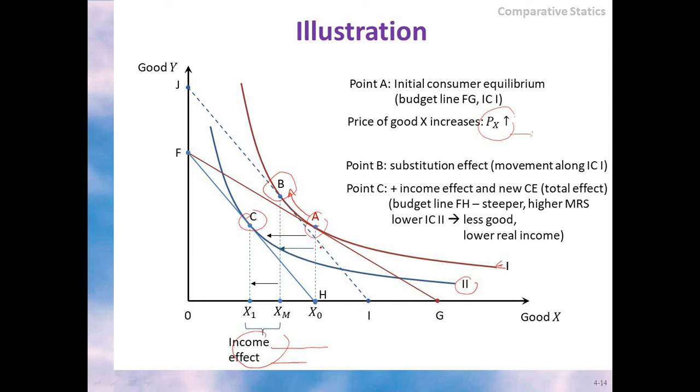In this case, because the price increases, our real income decreases, or sometimes we call it purchasing power. So you can see that at the lower consumer equilibrium C here, we can consume less of the good, and of course, looking at the indifference curve here, it denotes a lower level of satisfaction.